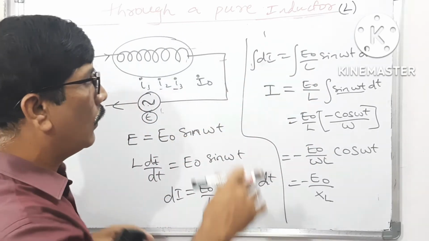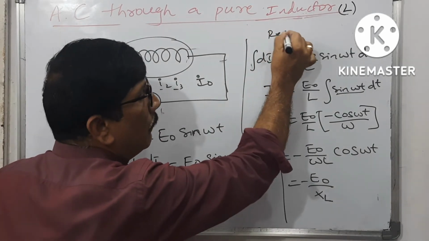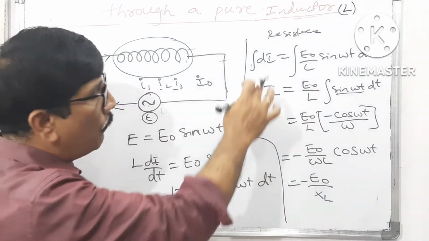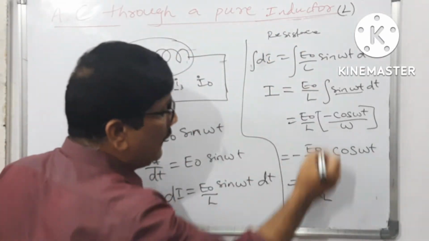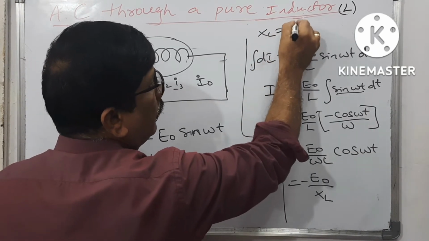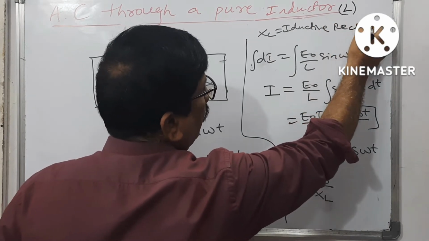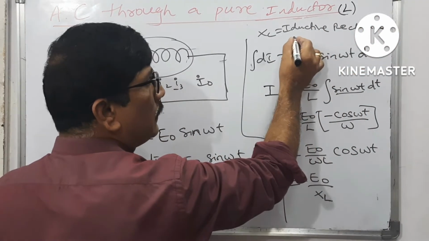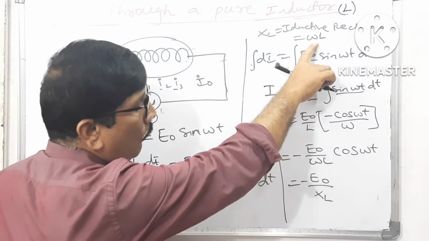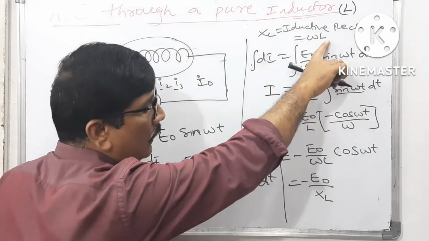The opposition offered by these components to the current is called resistance in the case of a resistor. But the opposition offered by the inductor is called inductive reactance. This XL is nothing but omega into L, the angular frequency of the AC source and the self-inductance.